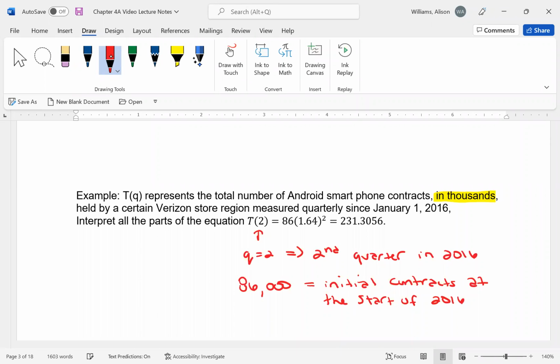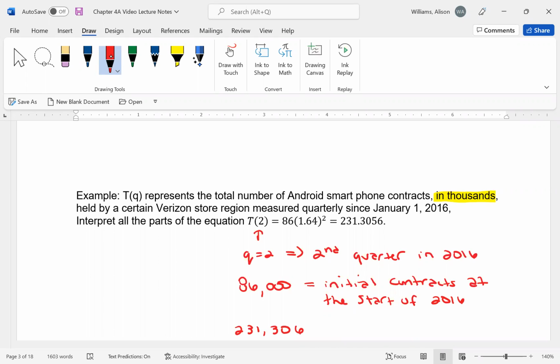And then in that second quarter, it looks like they ended up with 231.3056. Again, we're talking about thousands, so that would be 231,300. I'll round that to 6 to make it make sense.